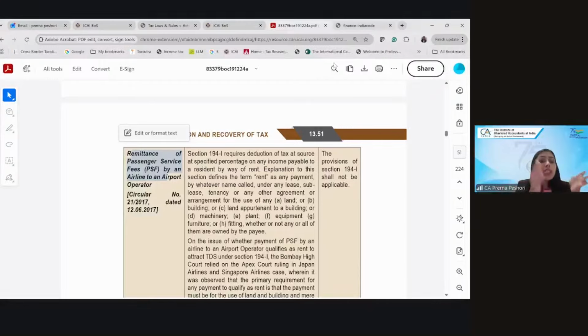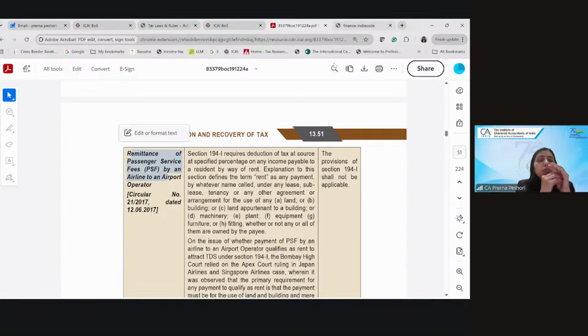There are certain facilities given to you, like wheelchair assistance, or waiting areas. There are certain other facilities given at the airport to take your baggage. A lot of facilities are there. So the passenger service fee is charged, which is also part of the ticket.